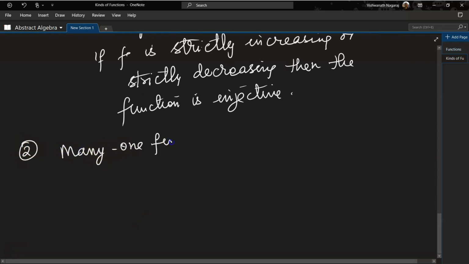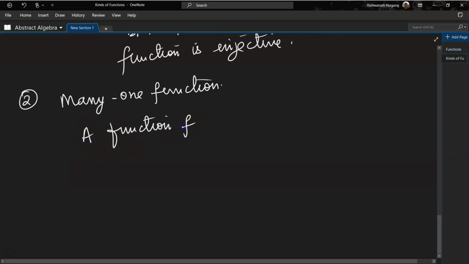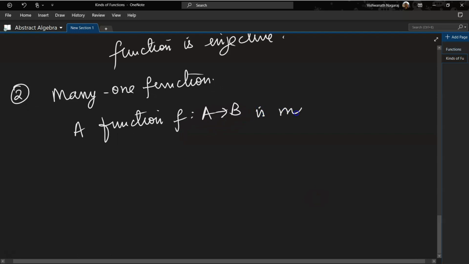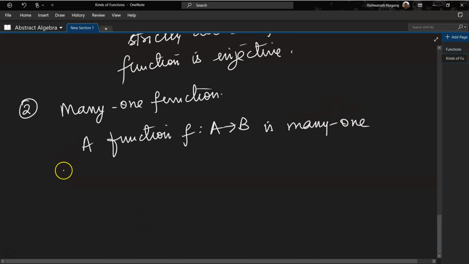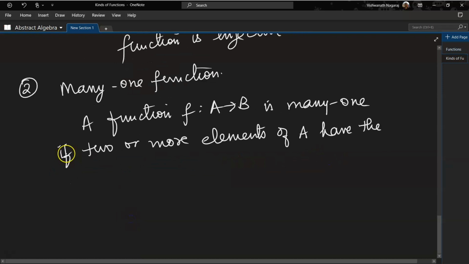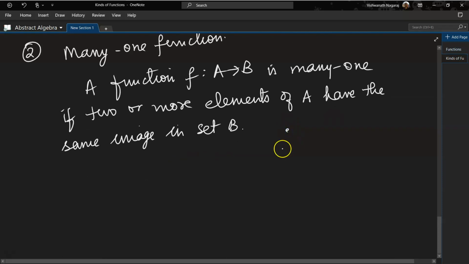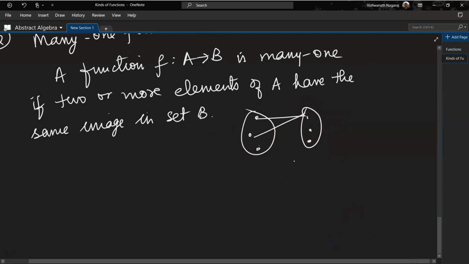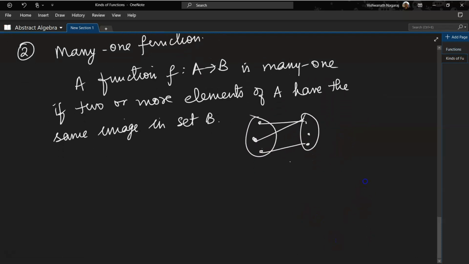Now let's look at the second one, many-to-one function. A function f from A to B is many to one if two or more elements of A have the same image in set B. So here you might have set A, set B, something like this. So this is many to one.